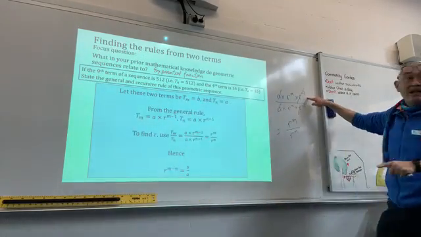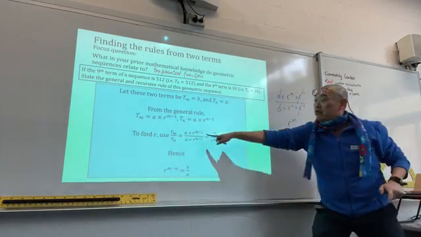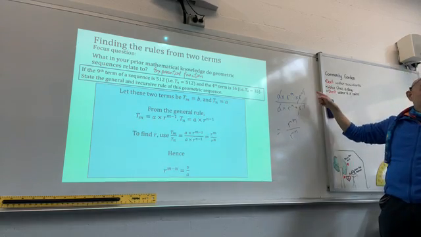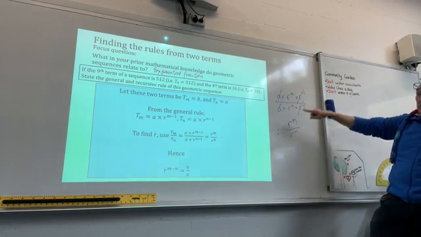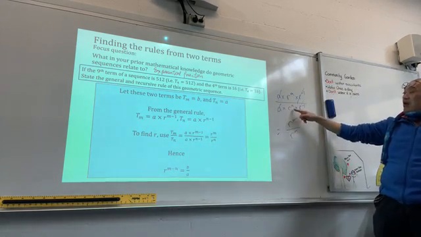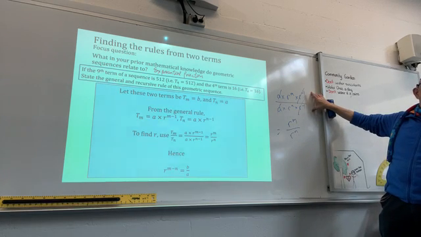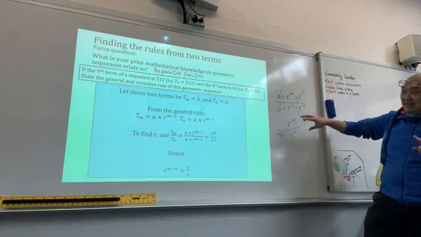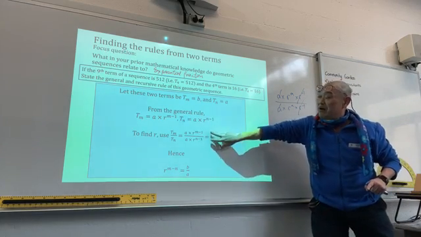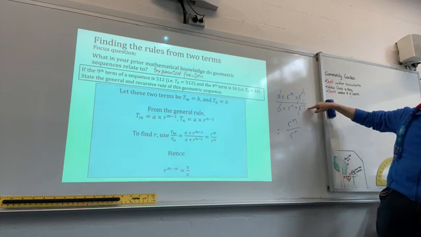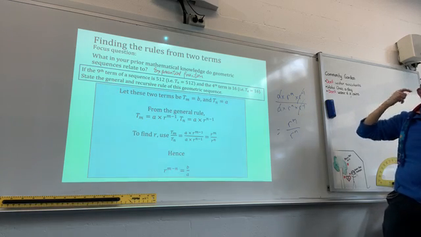See, I have reduced that because r to the power of n minus 1, r to the power of m minus 1, the minus 1 cancels. So it doesn't have to. The actual rule is r equals Tn plus 1 over Tn. It's just because of the way I rearranged it, I could eliminate the minus 1. Like any two terms, as long as you say n minus 1. That's right.